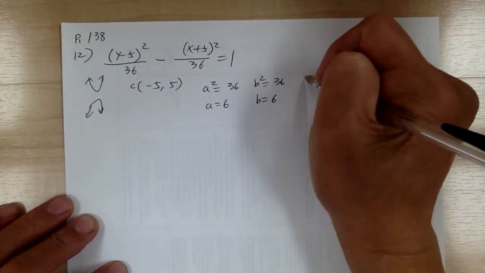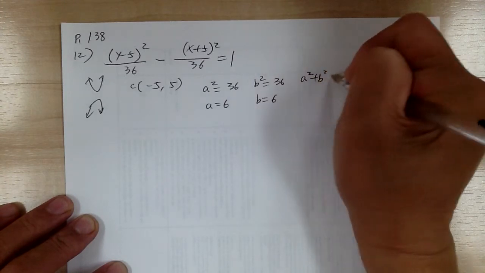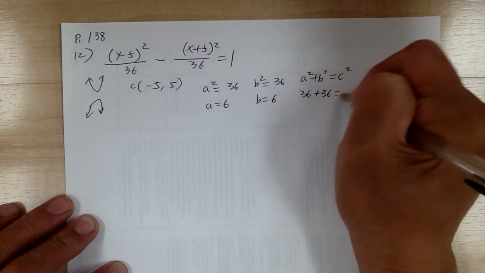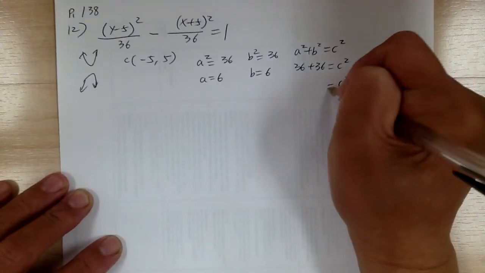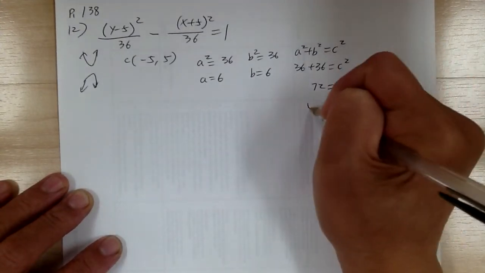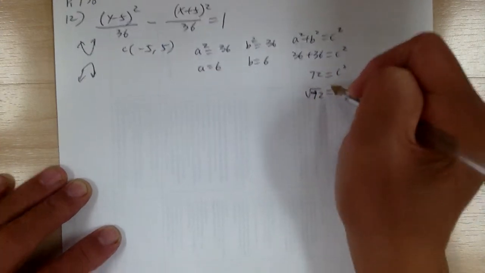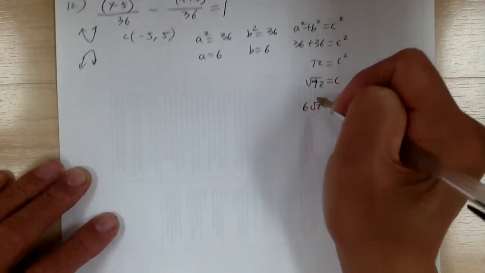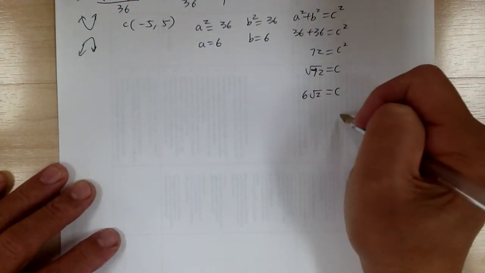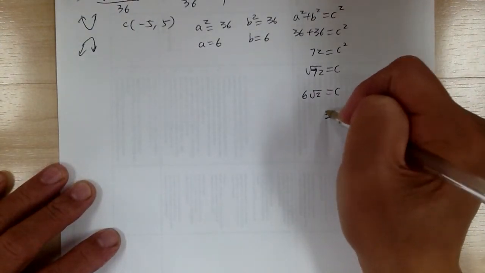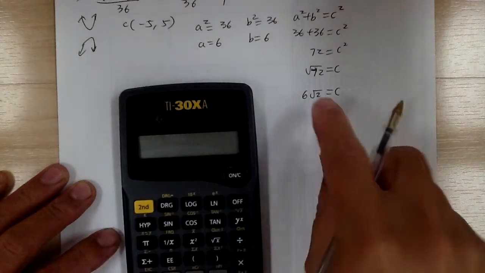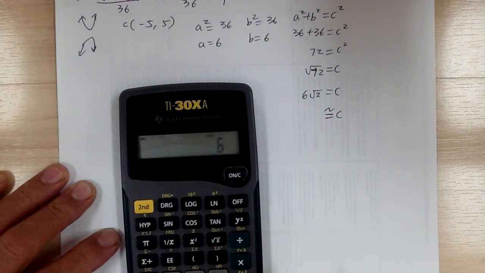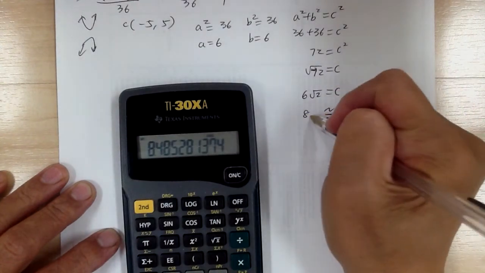And you have to find c, so a squared plus b squared equals c squared. So 36 plus 36 equals c squared. c squared equals 72, so c equals square root of 72, and c equals 6 square root of 2. If you're going to use a calculator to find the length of that, it's about 8.5.